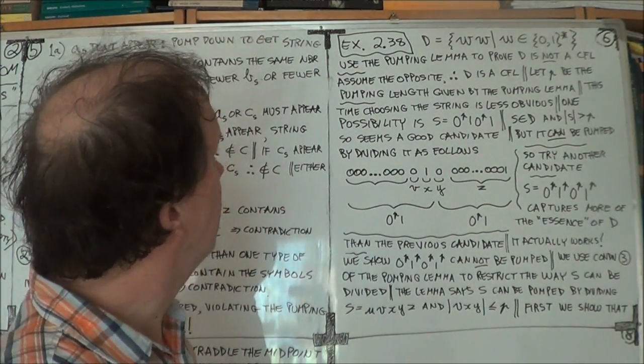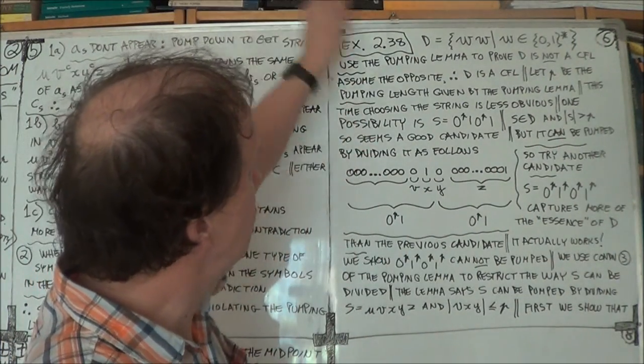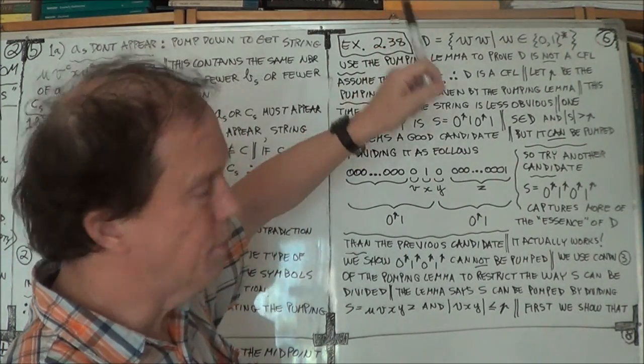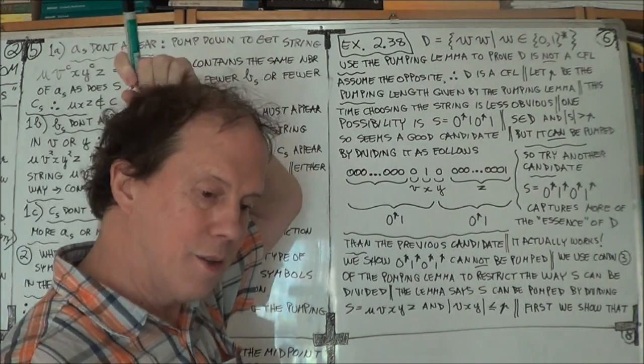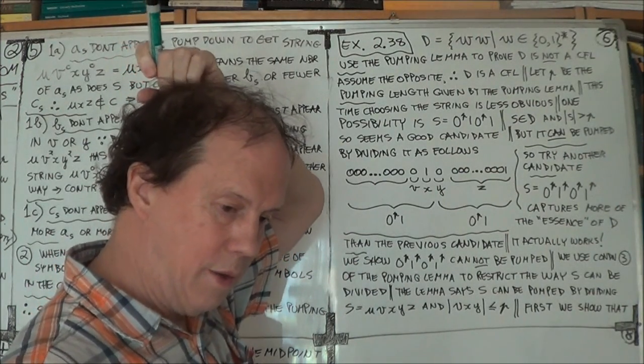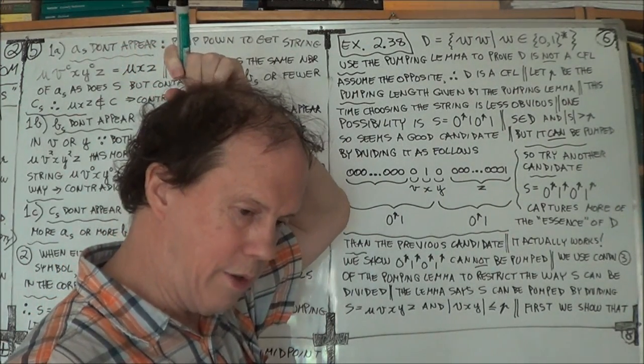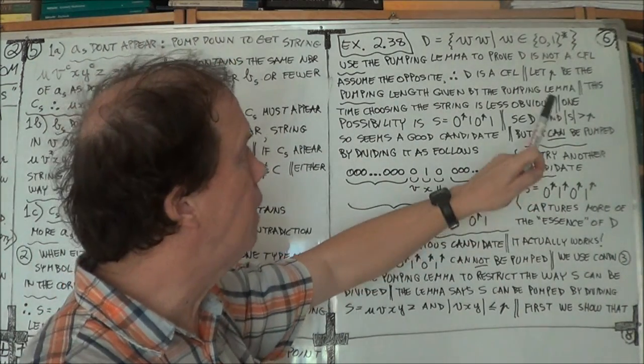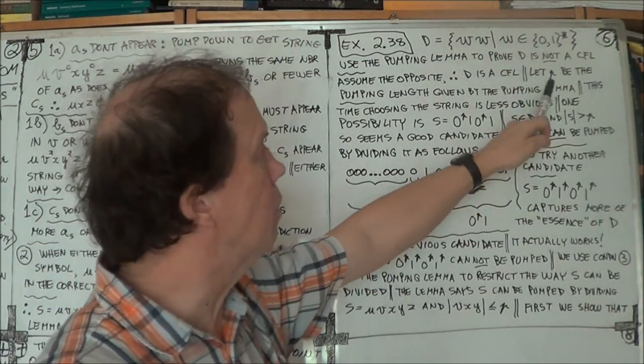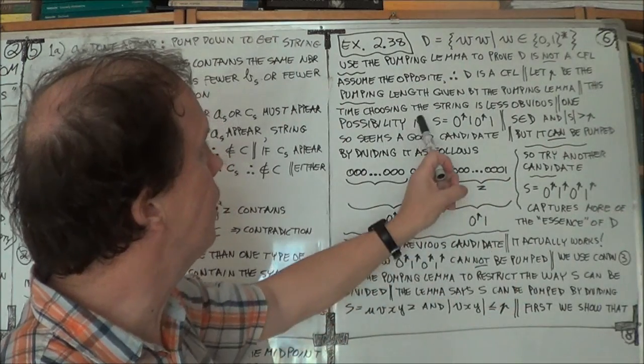Okay. So assume the opposite. Assume D is context-free. Therefore, that language will have a pumping length, characteristic of the language. Call it little p as usual. Okay.